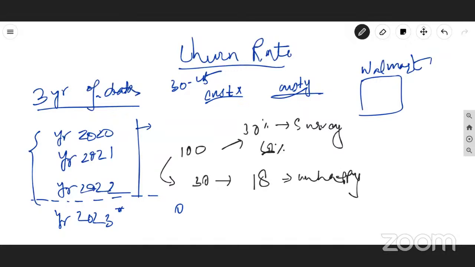How will you define the lost customers against the total number of customers? From the database only, whatever we have. We have 3 years of data, so you are saying that it is not at a customer level, it is at a business level.